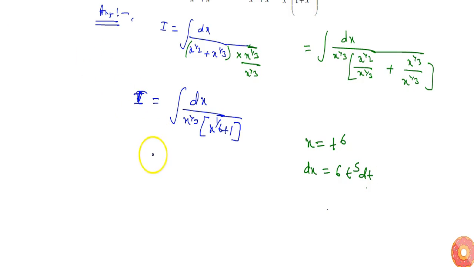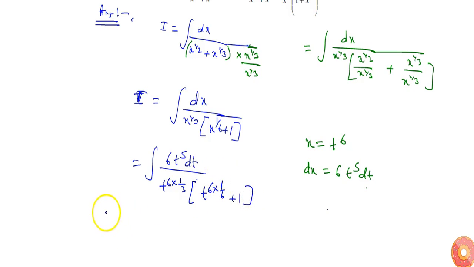So it will be integration 6 t power 5 dt divided by the value of x, which is t power 6, so t power 6 into 1 by 3 here, and here t power 6 into 1 by 6 plus 1.